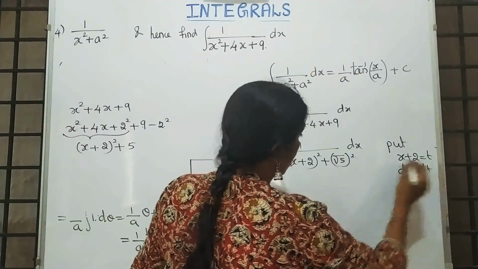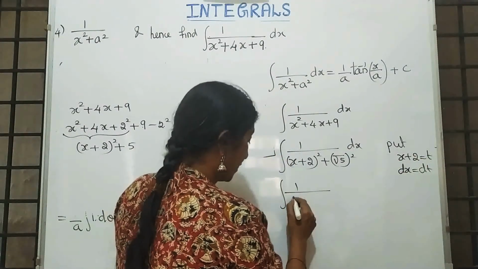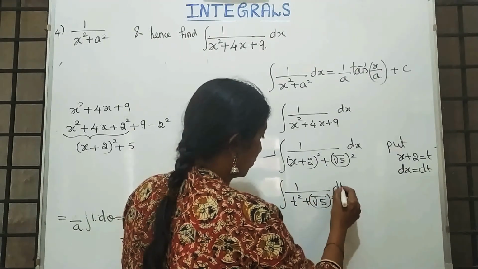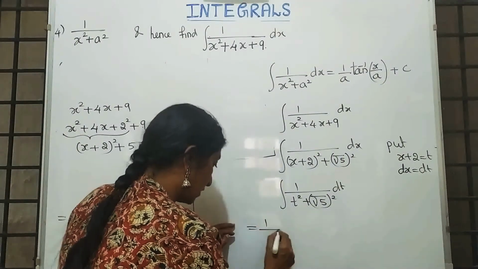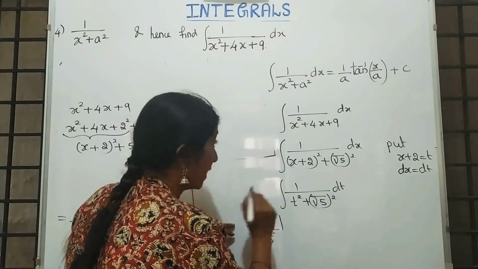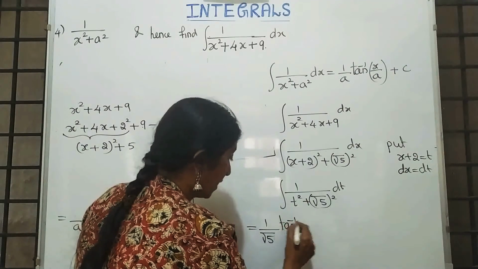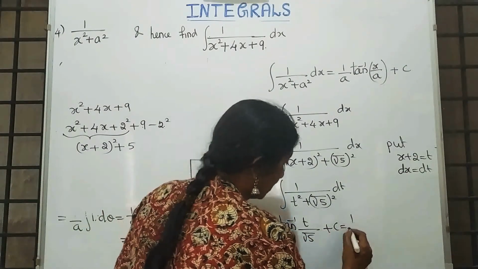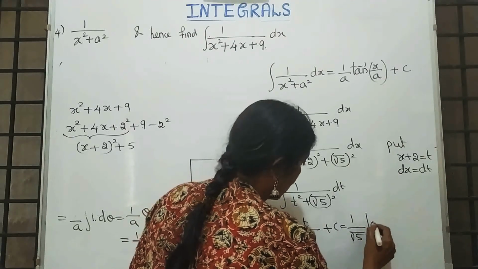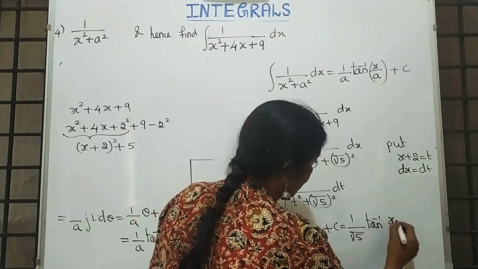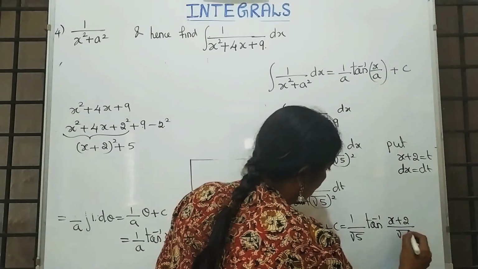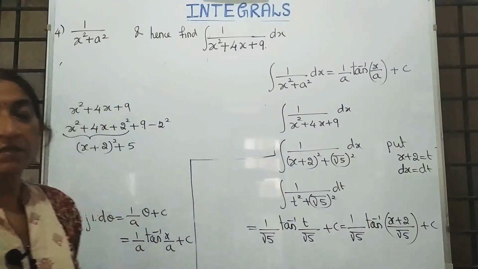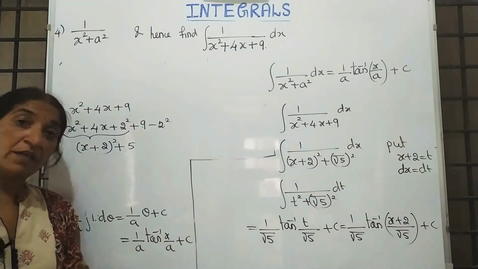Dx is equal to dt. 1 upon t square plus root 5 square into dt. Final answer is 1 by root 5, since a is root 5, tan inverse t by root 5 plus c. It is 1 by root 5 tan inverse of t, whose value is x plus 2 upon root 5, plus c. See, like this we are solving the examples.